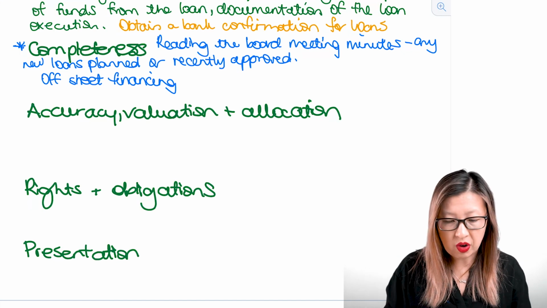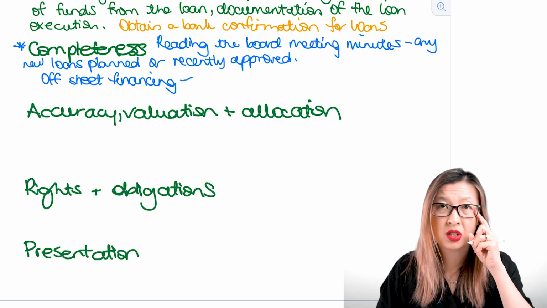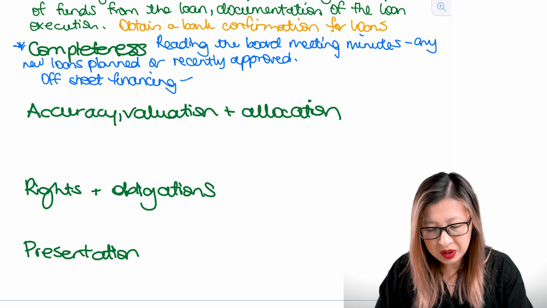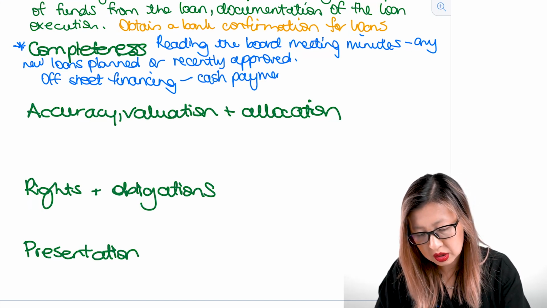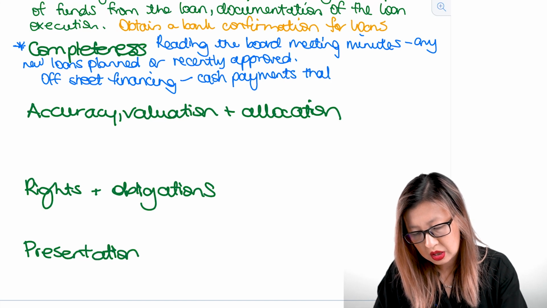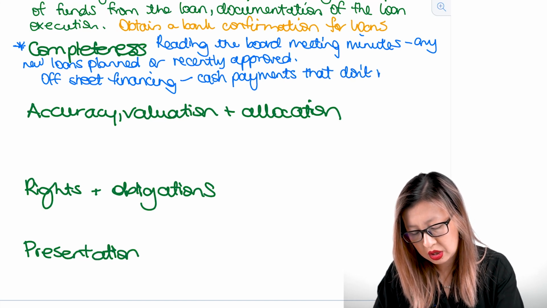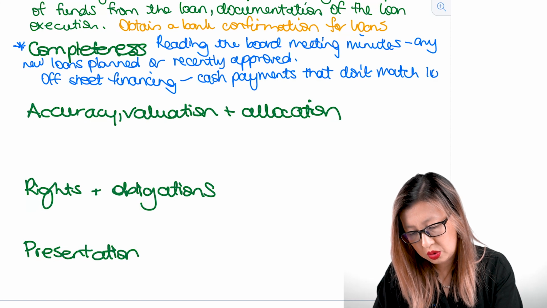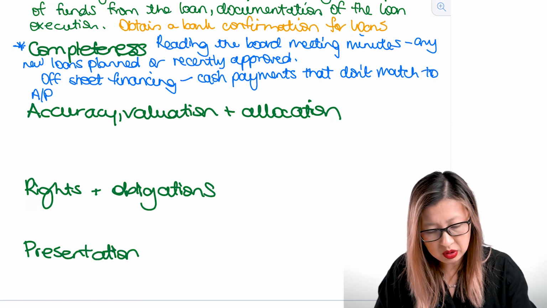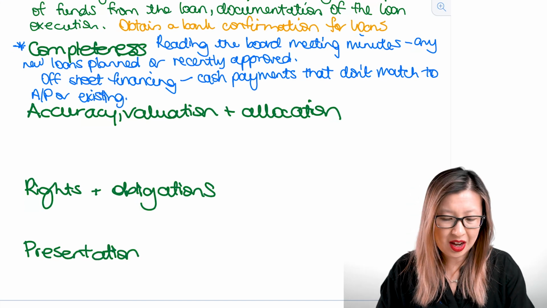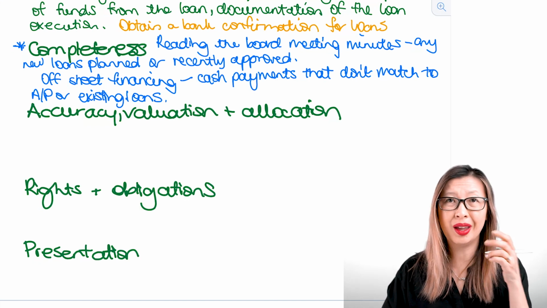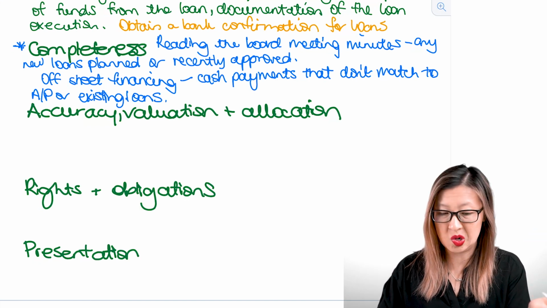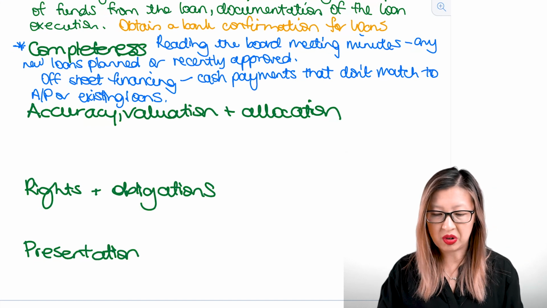So indicators of off-balance sheet financing or alternative forms of financing might be to see if there are any cash payments that don't match to accounts payable or existing loans. So if money is going out and you can't seem to figure out what it's going out for or where it's going out to, it could be a repayment on a loan that is not included. So that's something to remember.